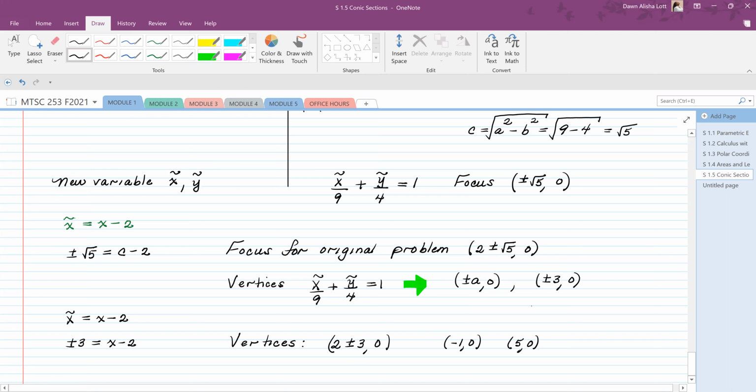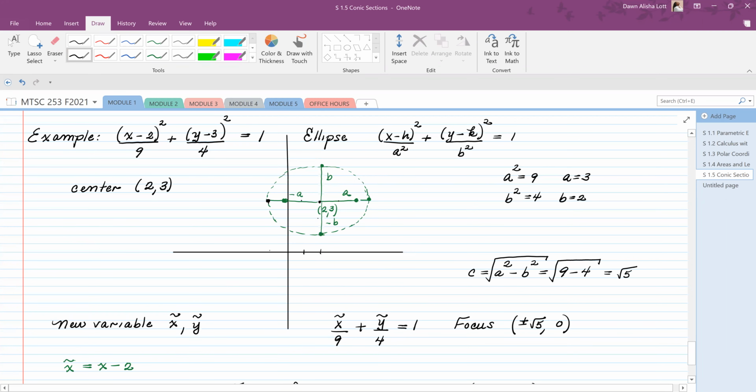And I think that's what it looks like. Yep, that's what it looks like. Here's minus 1. And then this was 2, and then we added 3 more. So this is 3. So those vertices are in the right place.